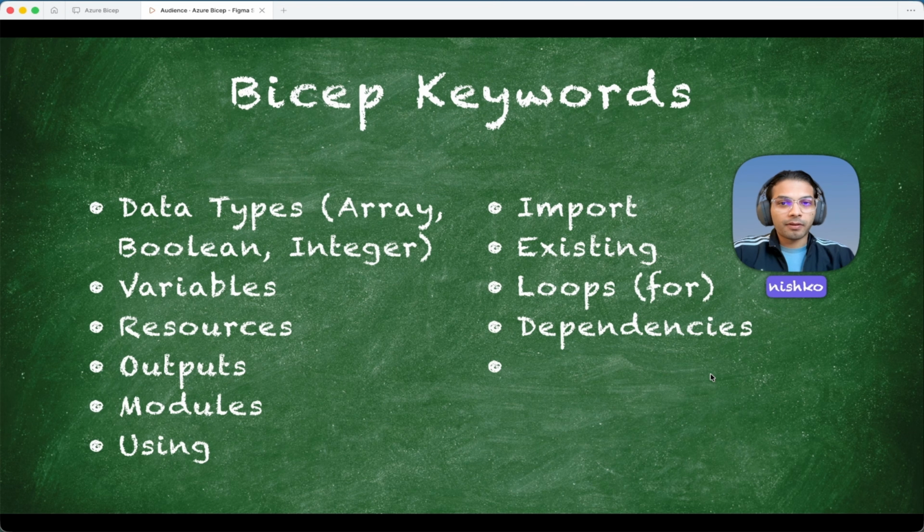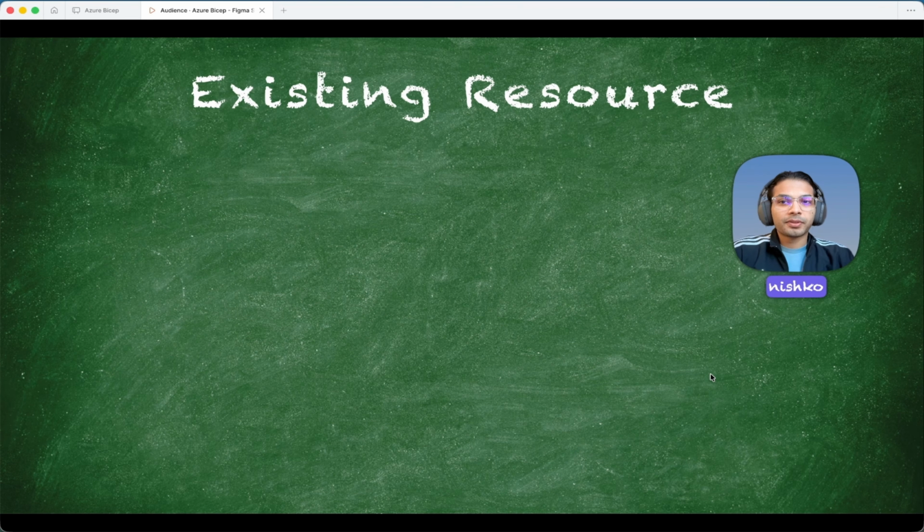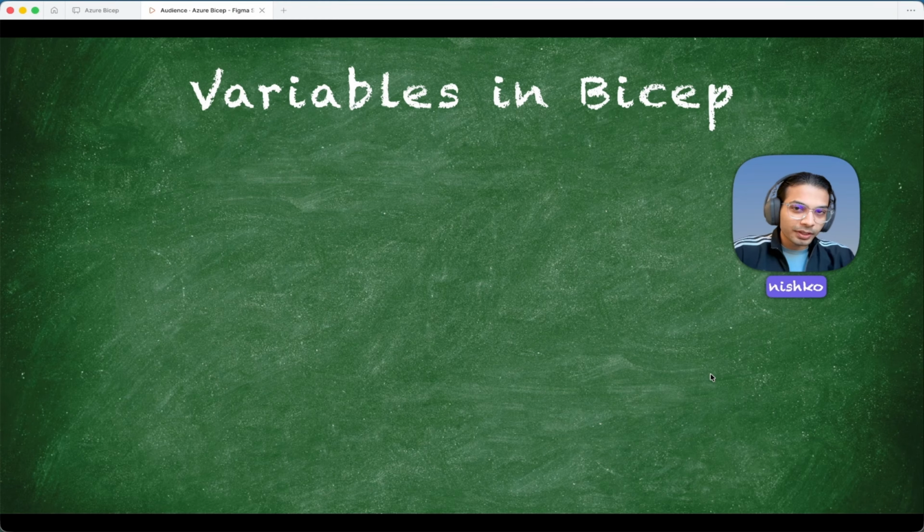Then working with the parameter file, a few important Bicep keywords, Bicep data types, the difference between import and using, user-defined types, the existing resource keyword, dependency, extension, loops and conditions, and finally variables for today's video.